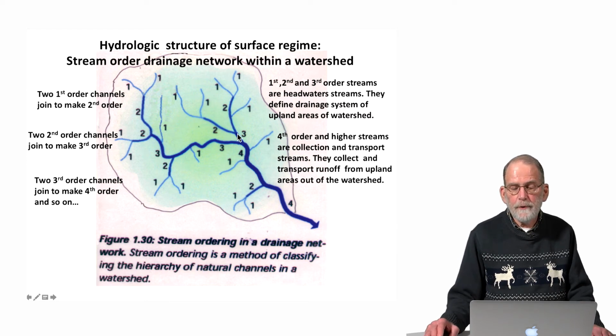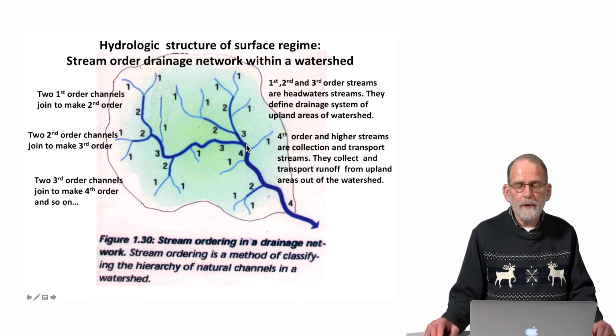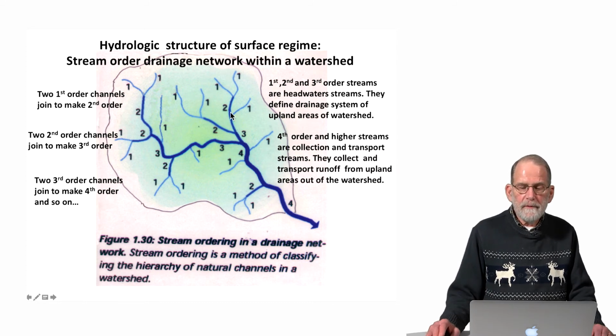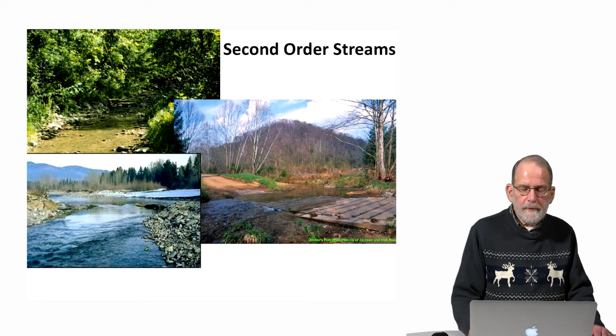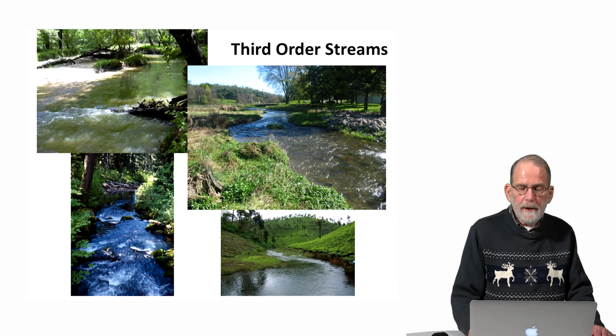The two second orders drain into the third order. The two third orders drain into the fourth order. So as we increase hydrologic order, we're going to see an increase in the amount of flow that's going to occur.